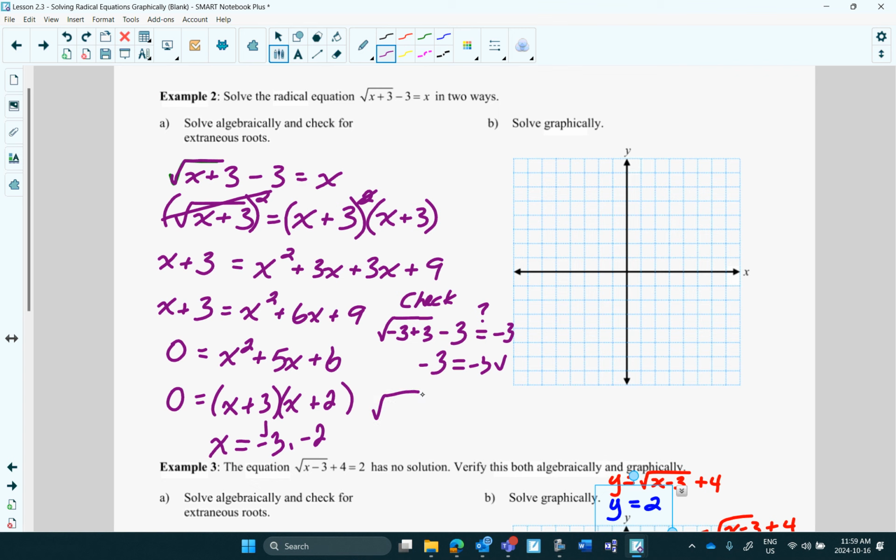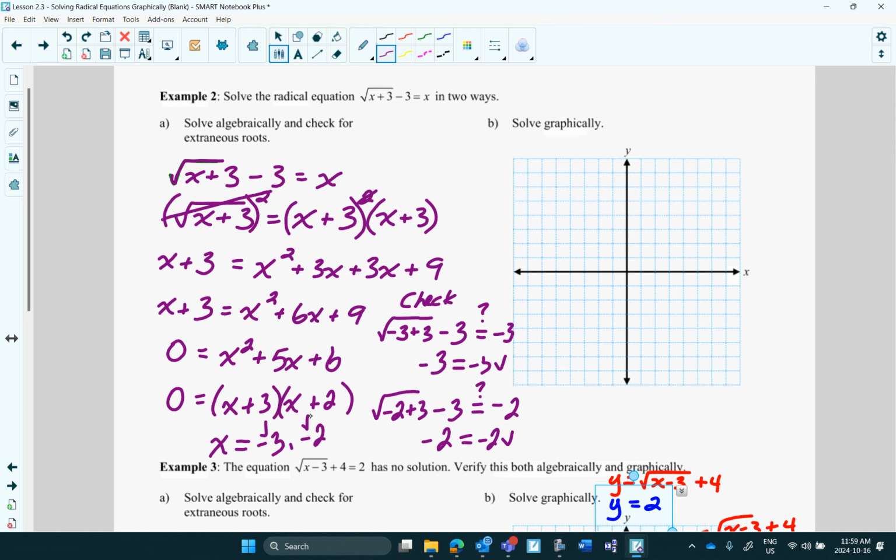Does the square root of -2 plus 3, minus 3 equal -2? It will. Because this is 1 minus 3, which is -2, and yes, that does equal -2. So they're both good. So that means when I graph both sides and look for the intersection, how many am I going to find? 2. So that gives you a hint on how your graph should look.